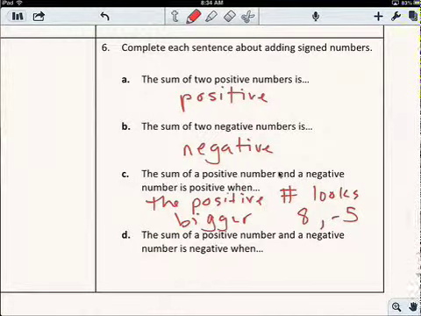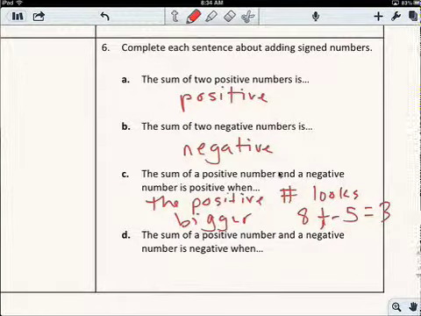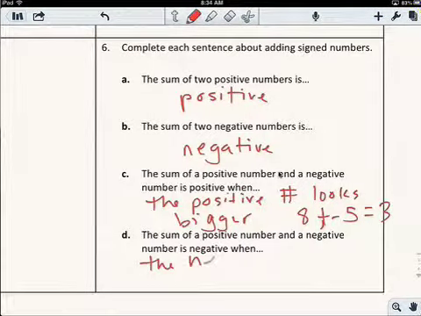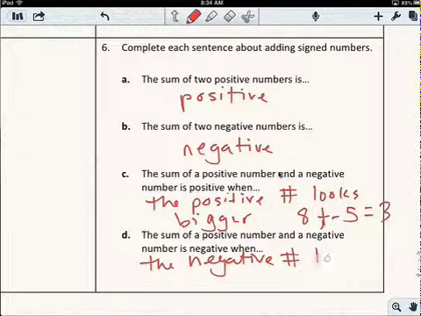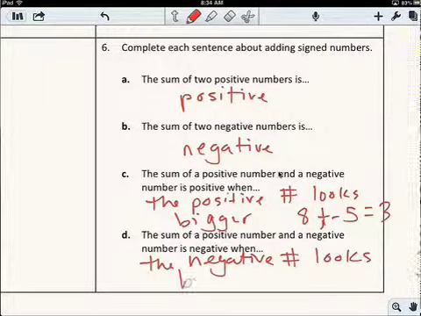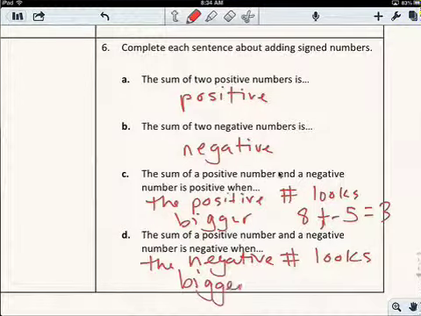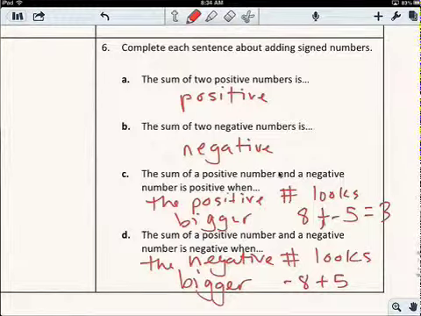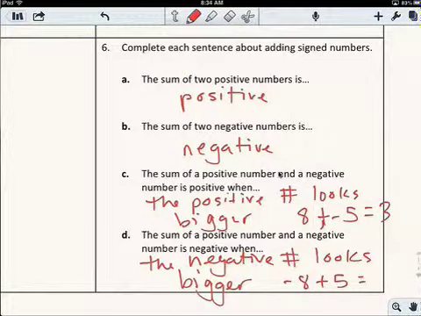And so if you added them together, it would be 3, a positive number. The sum of a positive number and a negative number is negative when just the opposite is true. The negative number looks bigger. So if you have negative 8 plus 5, negative 8 looks bigger than 5, so it becomes negative 3.